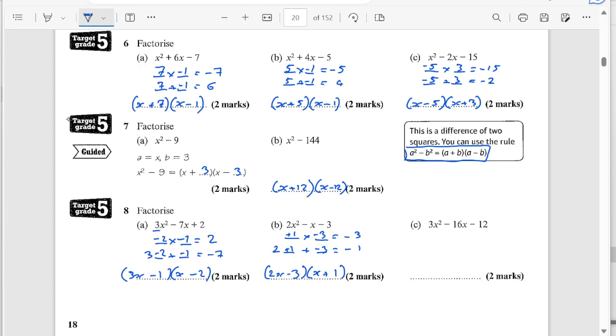There we go. And my final one, set it up the same. Two numbers that multiply together to make minus 12, and 3 lots of one of the numbers plus the other number add together to make minus 16. And we've got to have a 3x and an x.